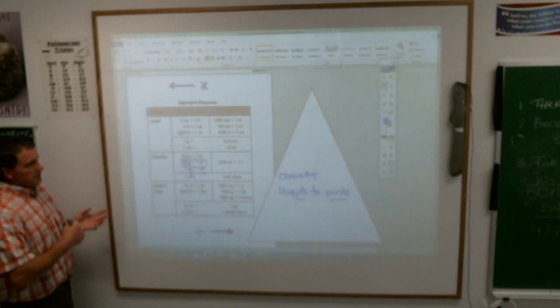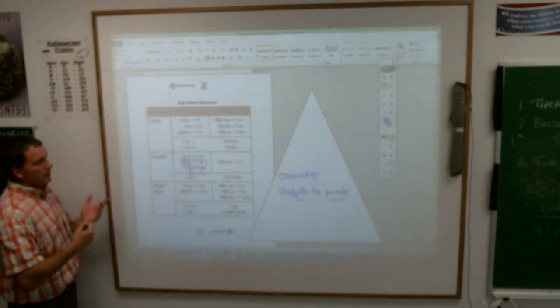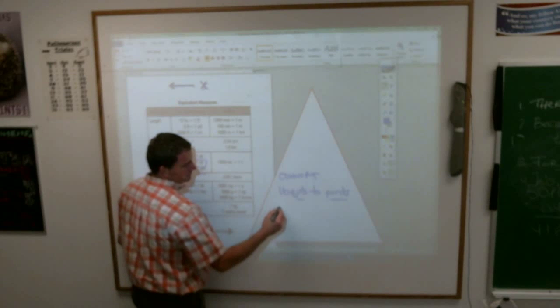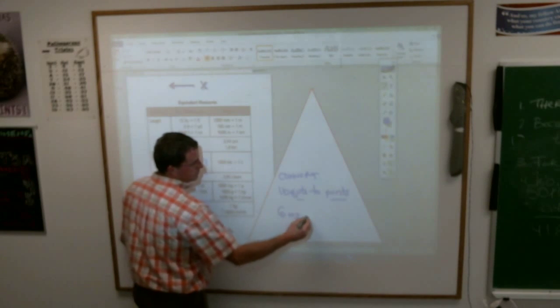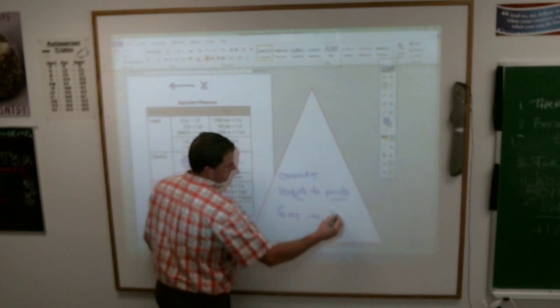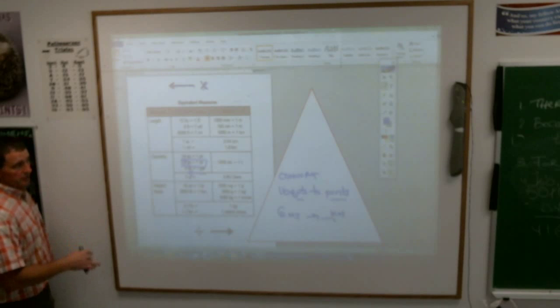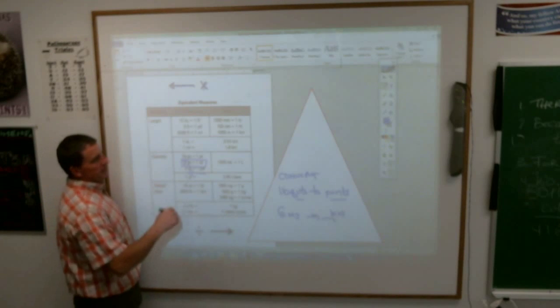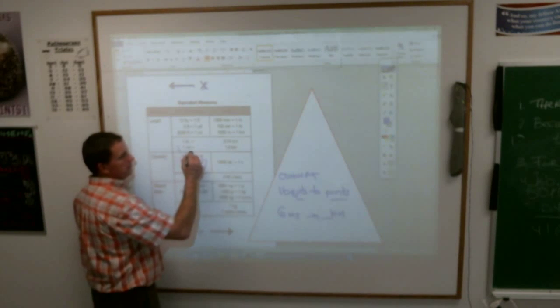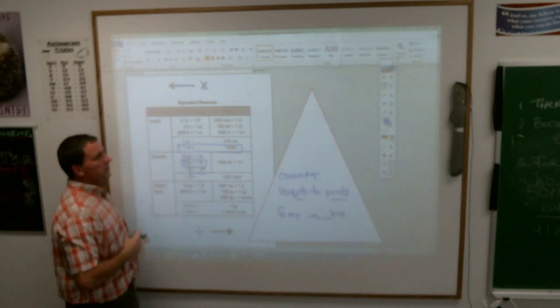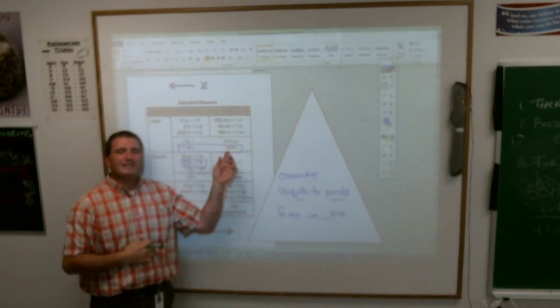Another example, let's say you're changing miles. Let's say I'm going from 6 miles to kilometers. So you look on your little chart and you find the miles to kilometers conversion, which is this one. So you know that you're going to do something with 1.6.